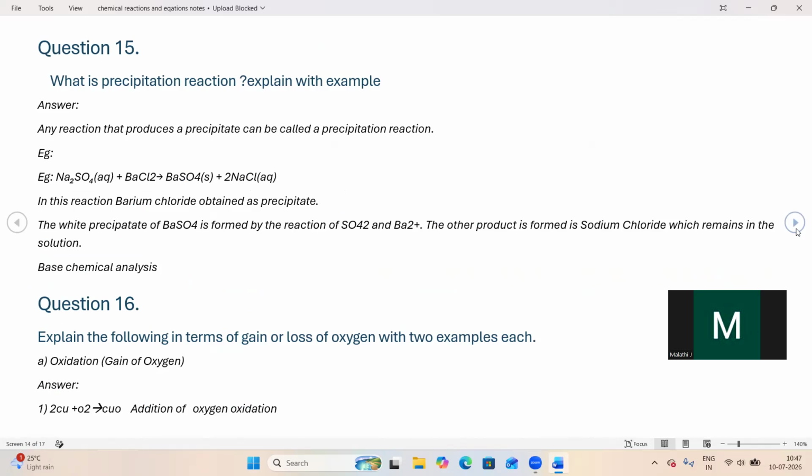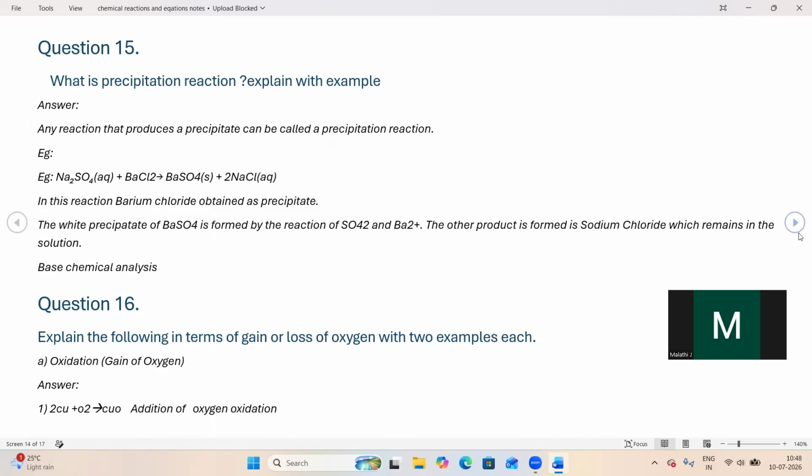In this reaction, barium sulphate is obtained as a white precipitate. It is not soluble in the solution, so BaSO4 is called a precipitate.